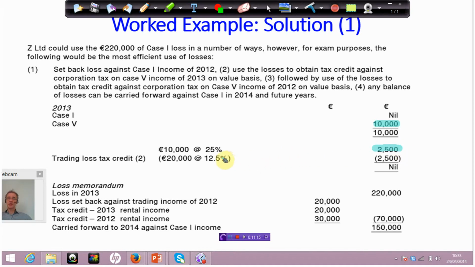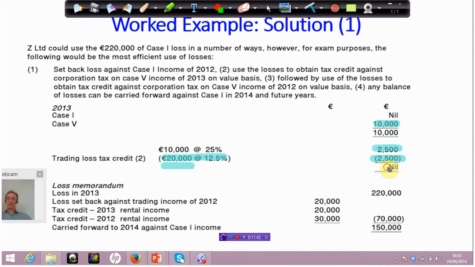And then we have to offset the value of the tax on a value basis based on the loss that we have. So really we've got an issue of working out how much on a value basis we need, and in this case we needed 2,500 euros, so that equates to 20,000 at 12.5%.